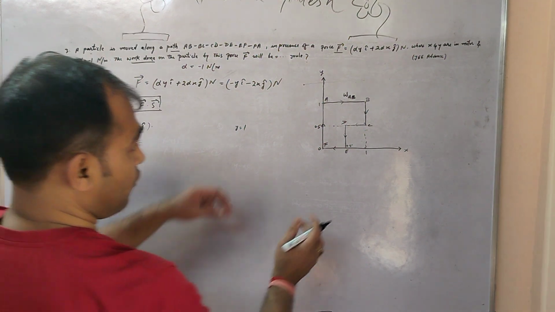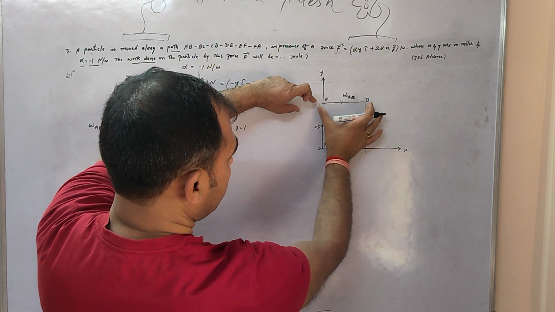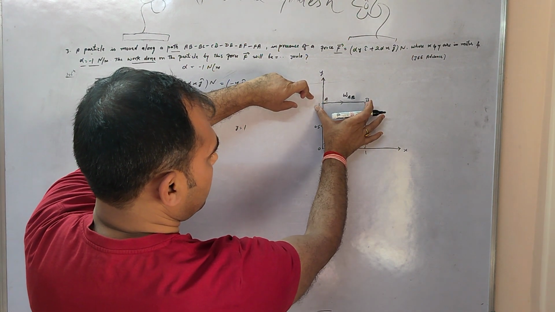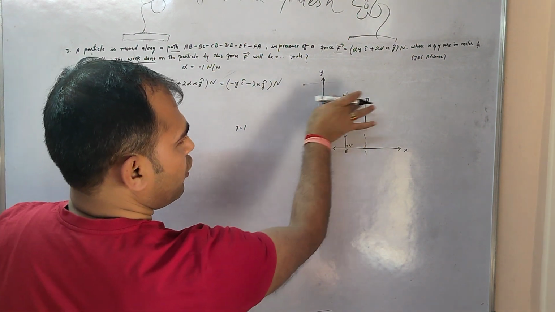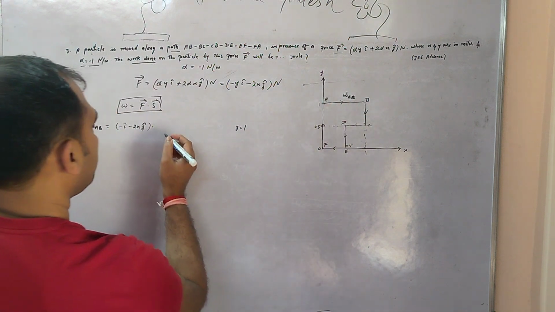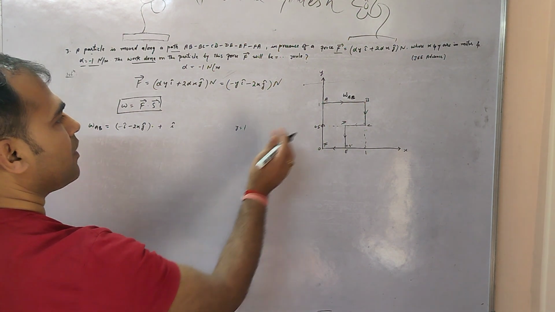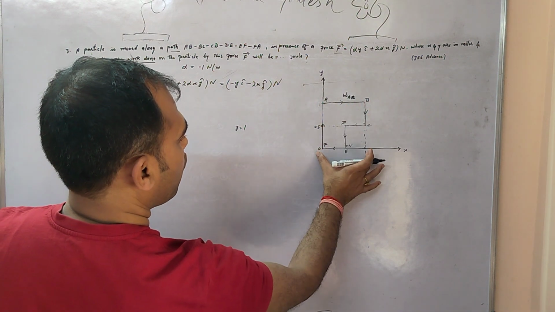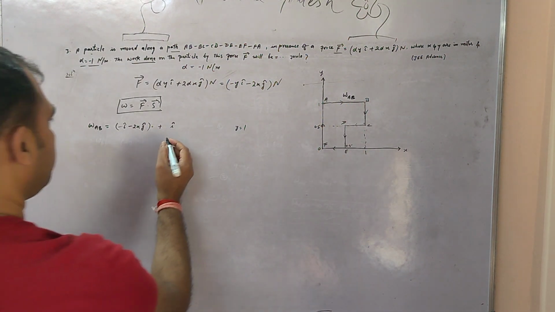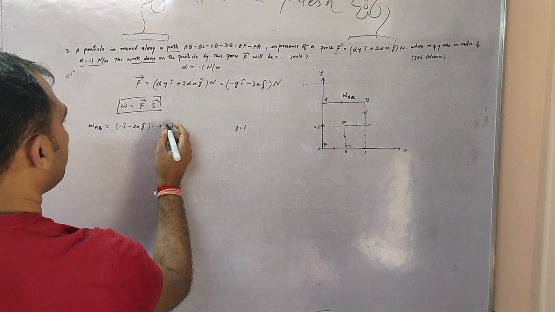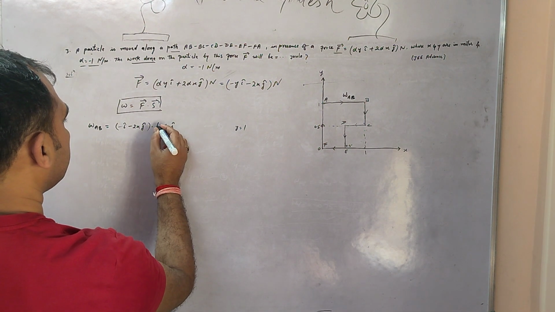Displacement, what will be the displacement vector? This is positive direction i cap, magnitude will be 1 meter. So this will be plus 1 i cap.